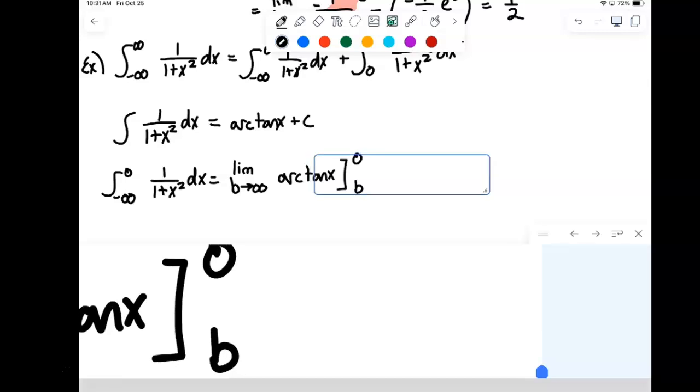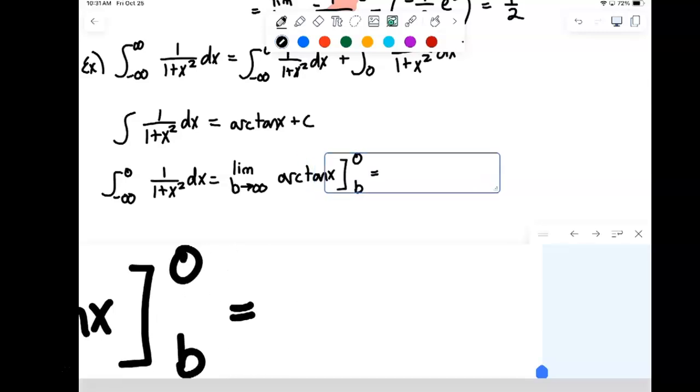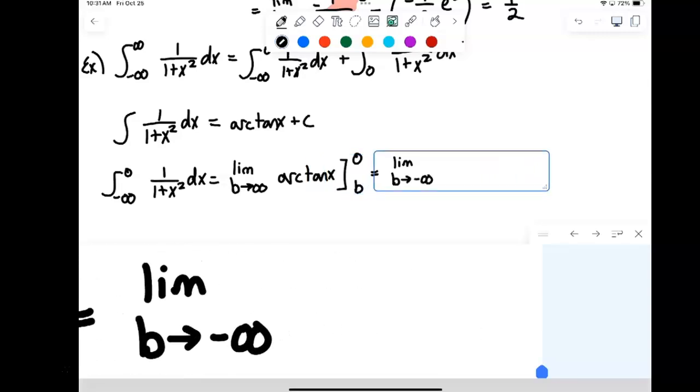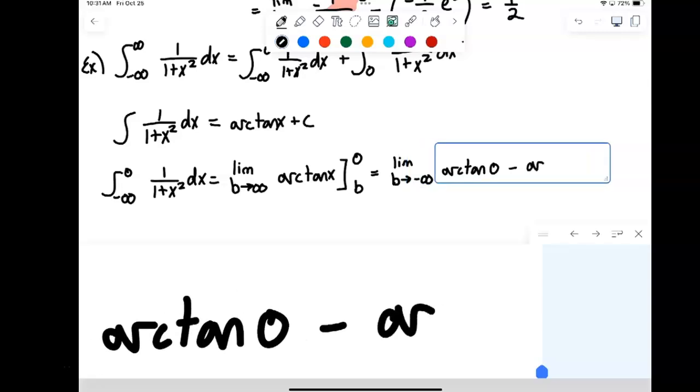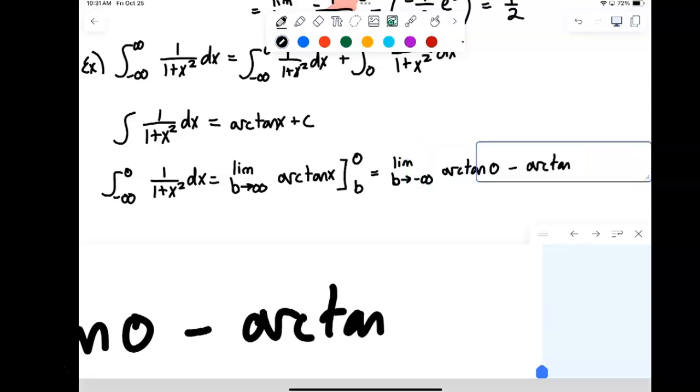So that would be the limit as b approaches negative infinity of the arctan of 0 minus the arctan of b.